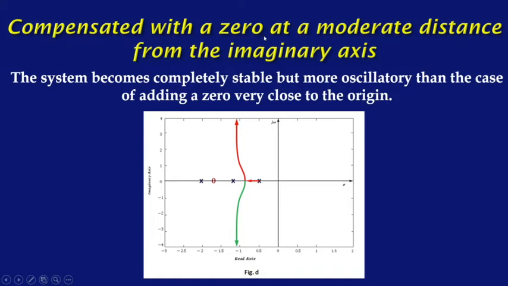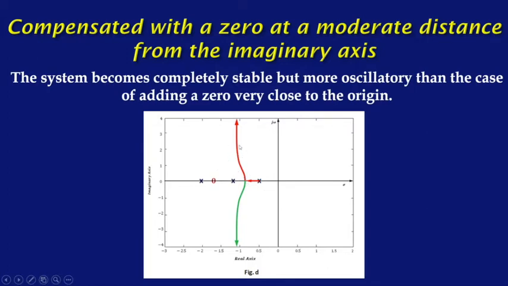Compensated with a zero at a moderate distance from the imaginary axis. So let us consider a zero at a moderate distance from the origin. So there are two root locus branches that meet at that point and move to infinity along this asymptote. And another root locus branch starts from this side and finishes at the zero. So this root locus branch completely lies in the left-hand side of the s-plane.